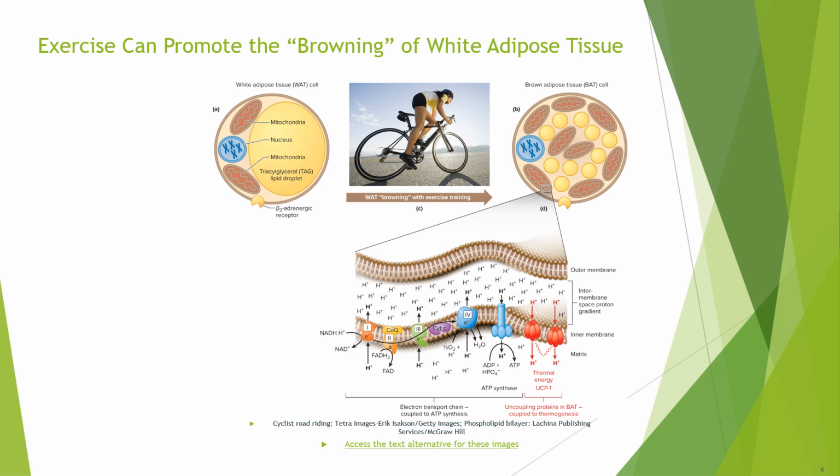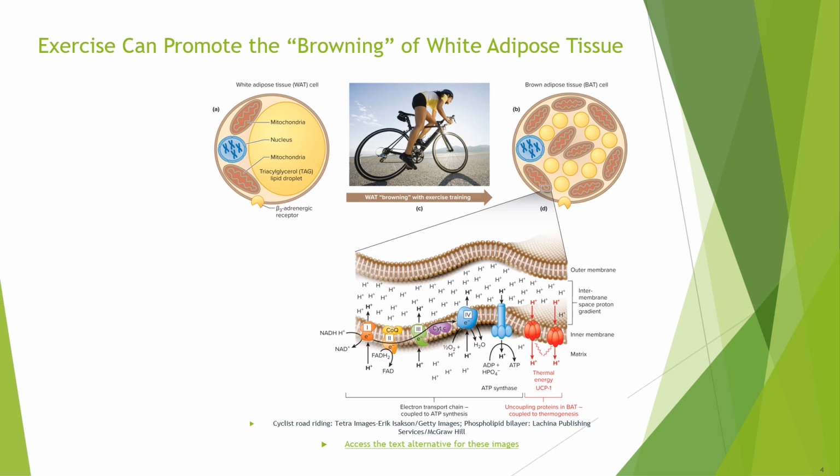The hormone influence: one of the hormones is irisin, which is a hormone released during exercise that promotes browning by converting white fat cells into beige fat cells. And fibroblast growth factor 21, another hormone that stimulates the browning process.